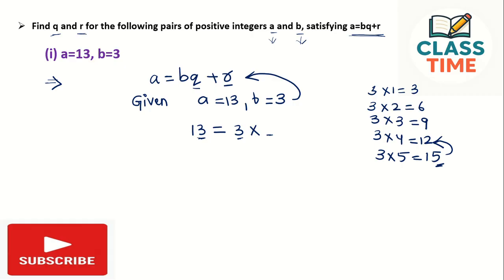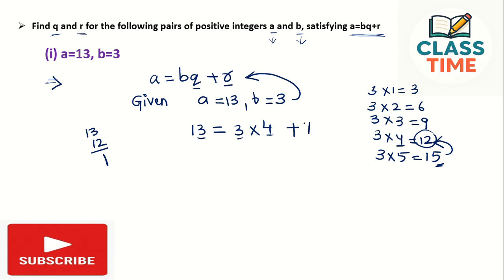So with what number will we multiply 3 to get 12? 4. So 3 fours are 12. Okay. So what will be the remainder? 13 minus 12 is 1.